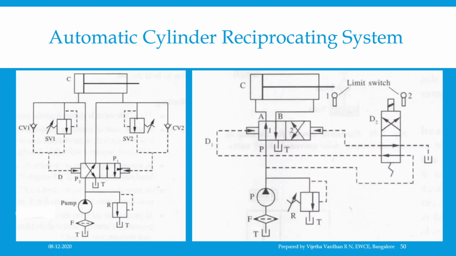The respective block diagram is represented on the right hand side of the slide, where capital C represents the double acting cylinder, P represents the pump, R represents the relief valve, T represents the tank, F represents the filter, D1 represents the two position 4-way pilot operated DC valve and D2 represents the two position 4-way mechanically operated DCV, and P1 is nothing but the positions of the valves.